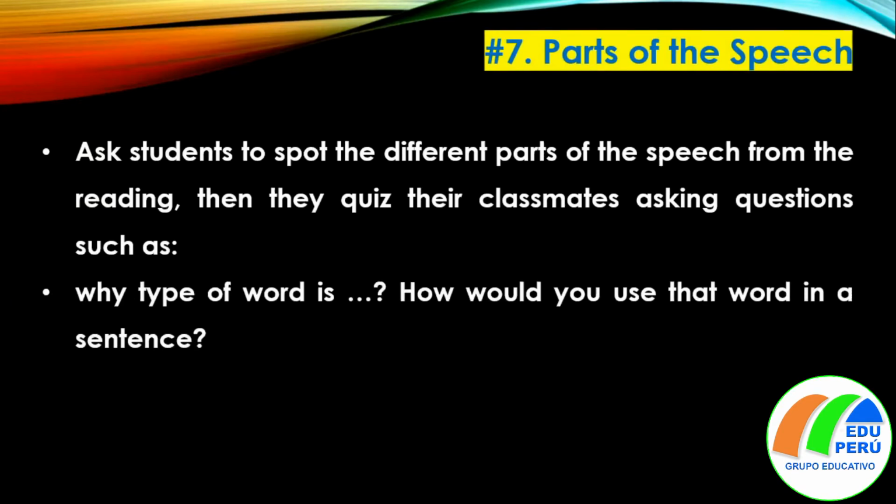They choose, they spot, they identify, they recognize some words. Again, you can divide it in pairs, in groups, whatever you want. So you can adapt it. Choose 10 words from the text, and you too, choose 10 words from the text. And they are going to ask each other, oh, what type of word is the word knowledge?